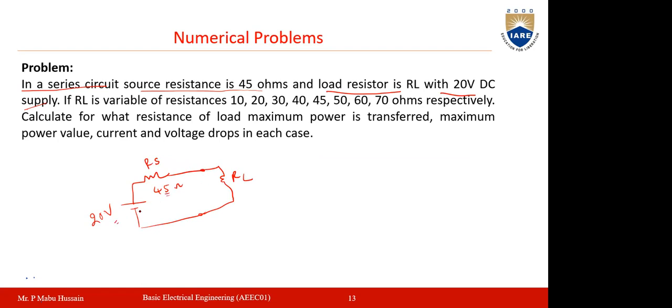You can even call this V Thevenin and this R Thevenin and this is the load. Here this load resistance is a variable resistance and the values are given directly. So these values are 10, 20, 30, 40, 45, 50, 60 and 70 ohms respectively.